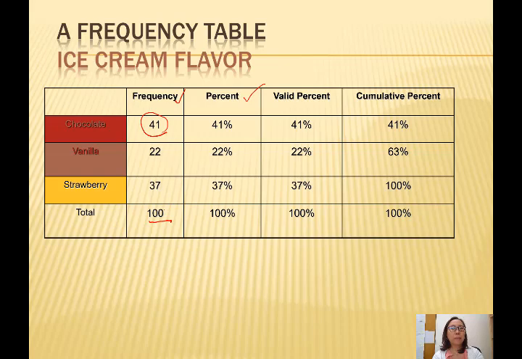Similarly, 22 out of 100 is 22%, 37 out of 100 is 37%, for the total of 100. Sometimes rather than saying 41 people like the chocolate flavor, if you said 41% of the people like chocolate, that makes better sense. It gives you an idea of the context within which you've calculated the percent.